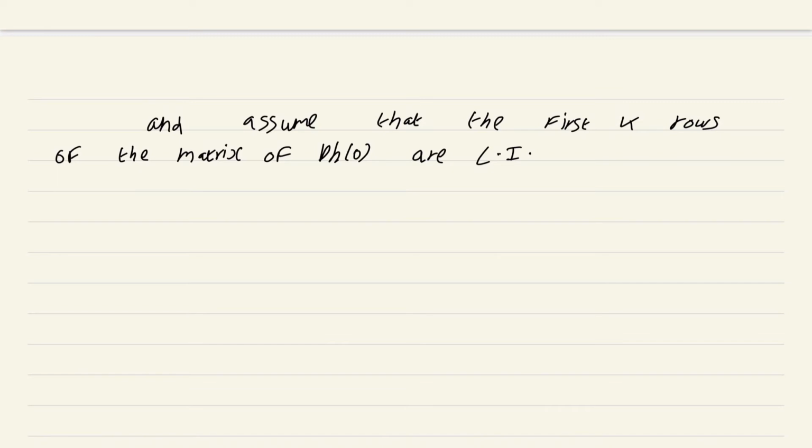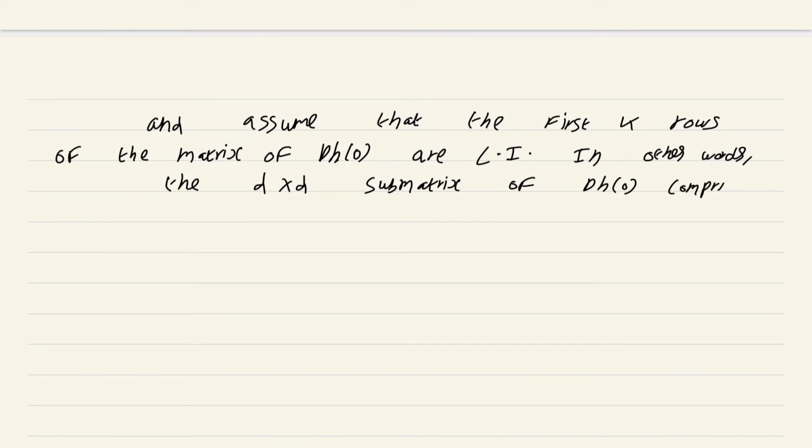Okay, so in other words, the d cross d submatrix of DH0 comprising the first k rows is an invertible matrix.